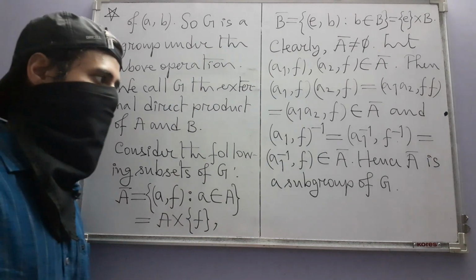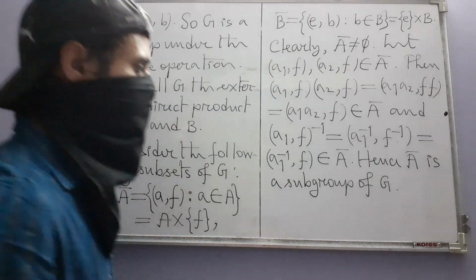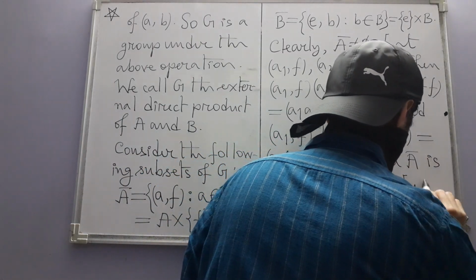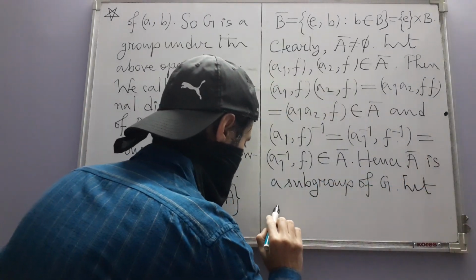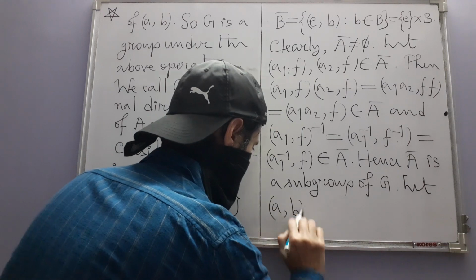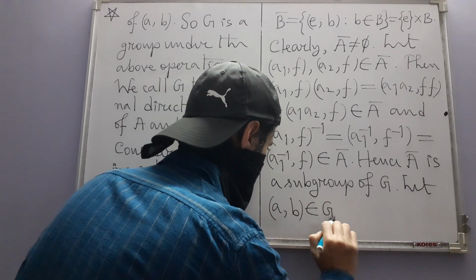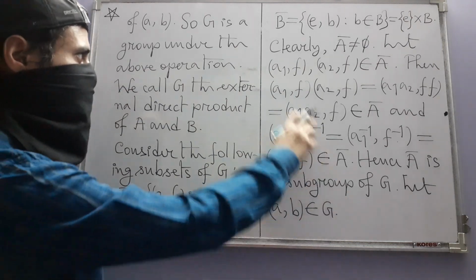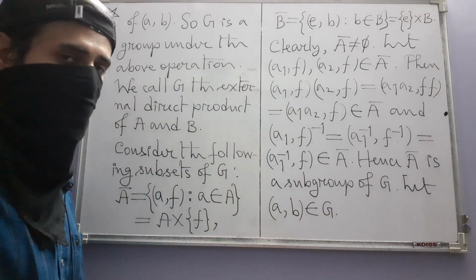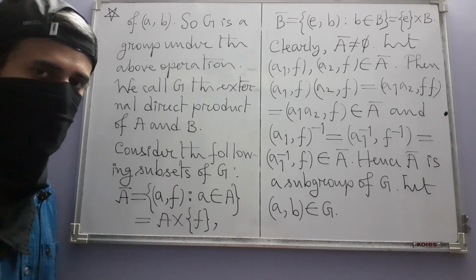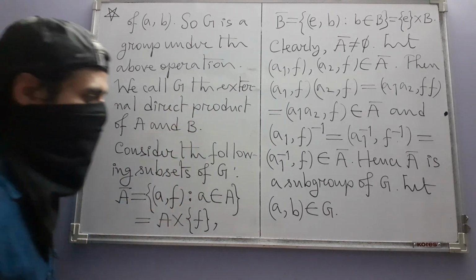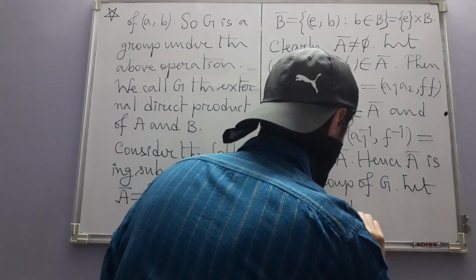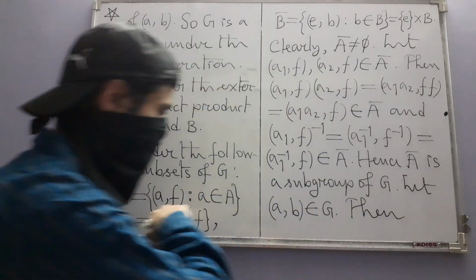Next, we verify normality of this. So for that, let (A, B) be any element in G. Then we have to form the conjugate of, say, this element by this element and see whether that conjugate belongs to A bar or not. Then let's do it on this side.